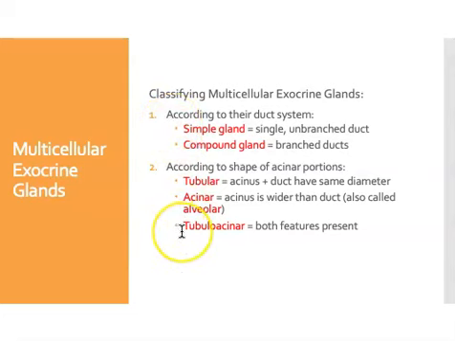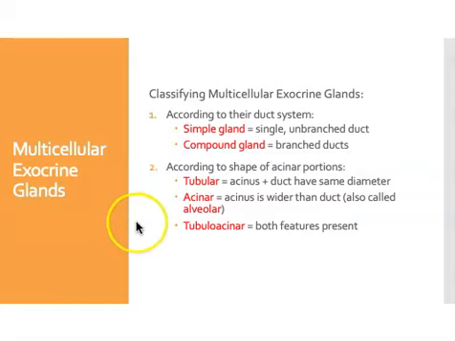We'll describe each one first, and then we'll take a look at them. When it comes down to the duct system, we can describe both simple and compound multicellular exocrine glands. Simple glands have one unbranched duct associated with them, while compound glands have branched ducts. And again, we'll take a look at this in just a moment.